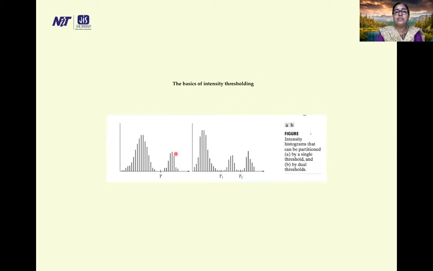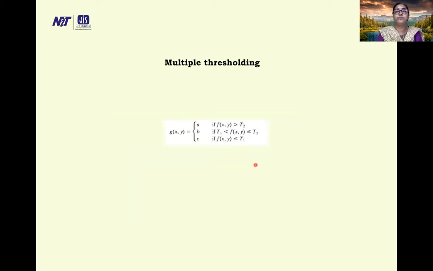It is a single thresholding, and this is a multimodal or dual thresholding. It may be more than 2. So this is the concept of multi-thresholding. With three segments A, B, C formed, two threshold values are taken, T1 and T2. Some values should be below T1, some values should be in between T1 and T2, and some values should be above T2.